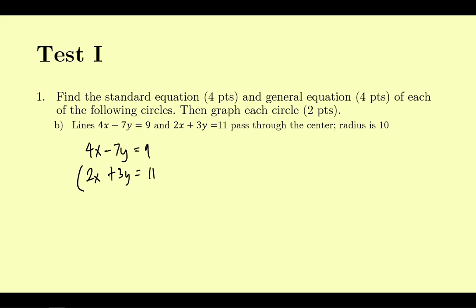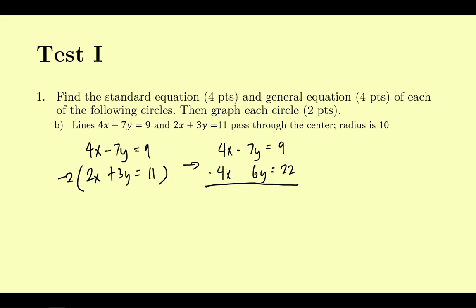So I'm going to multiply 2 dito. So that results in 4x minus 7y is equal to 9, and then 4x plus 6y is equal to 22. So with this, we can eliminate. Or rather, let's multiply -2 para mas sure na. Add na lang natin yun.